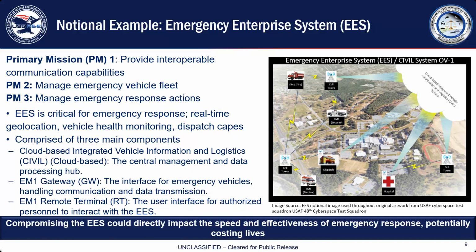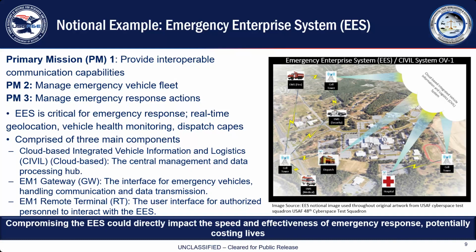like ambulances, police cars, fire trucks. It bolsters emergency response management by having interoperable communication capabilities across all these different vehicles and the dispatchers. It helps to establish and maintain a persistent connection between all these different components that we have listed here.